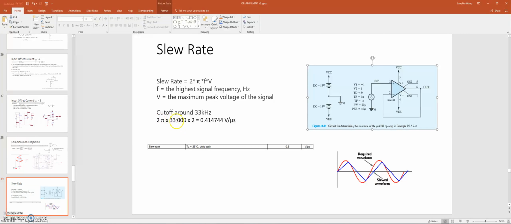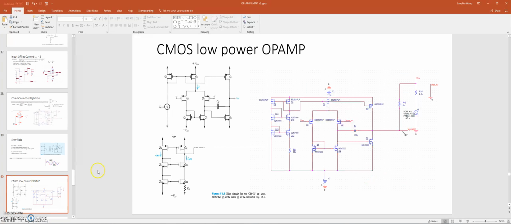So 2 pi times the cutoff frequency, which is 33 kilo, times 2, which is the gain, times the maximum peak voltage of the signal. So we have 0.4 V per microsecond, which is close to what the datasheet said.